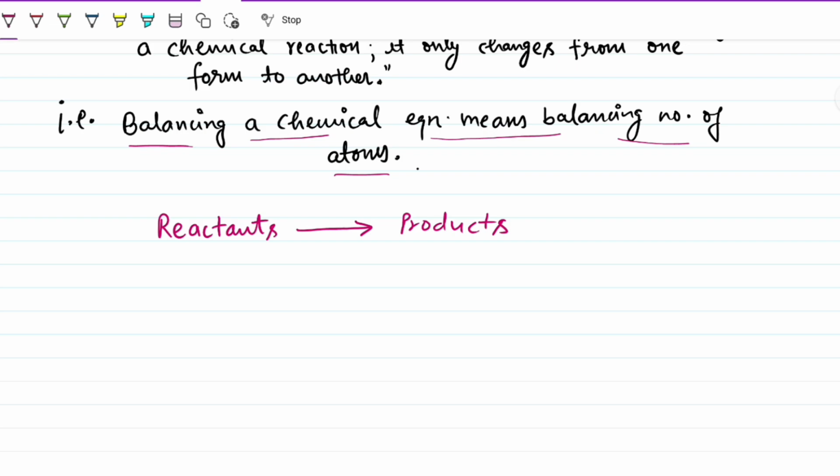While writing reactants and products, we also mention their state. If I write S, it means solid, L means liquid, and small g means gases.